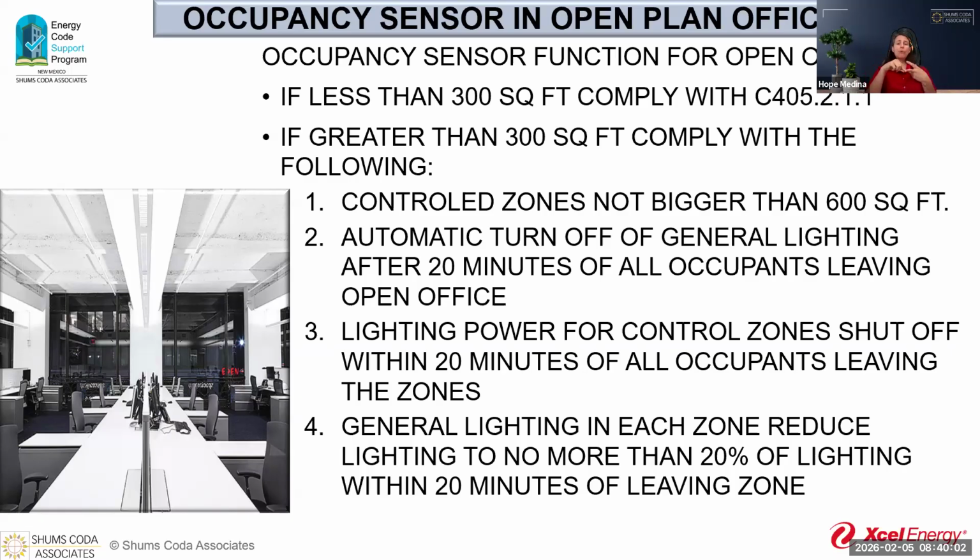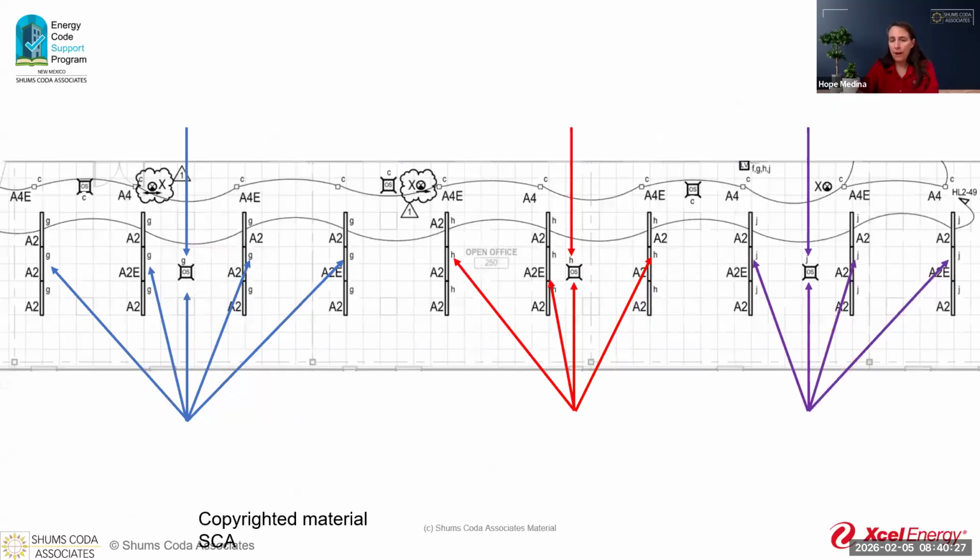Now, lighting power for control zones, I'm sorry, it also has the general lighting for each zone. It has the ability of reducing the lighting so that it's not more than 20% of the lighting within 20 minutes of a zone being left. It kind of goes a little bit back and forth on that.